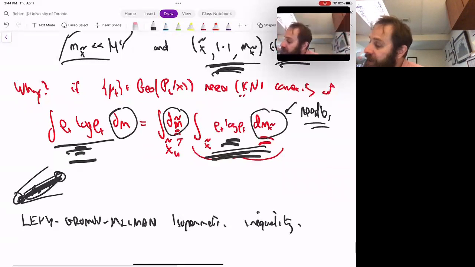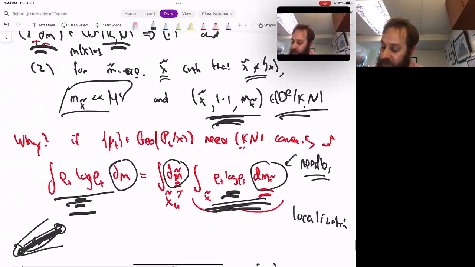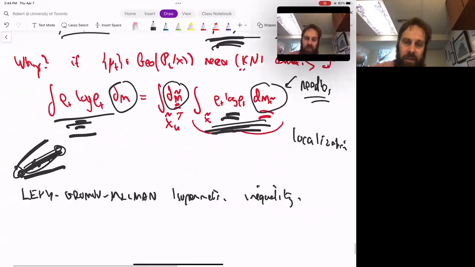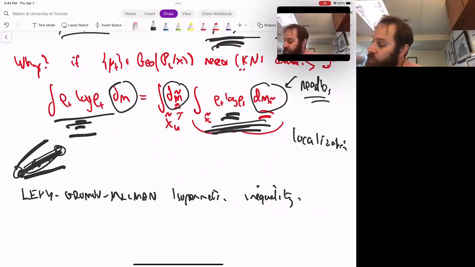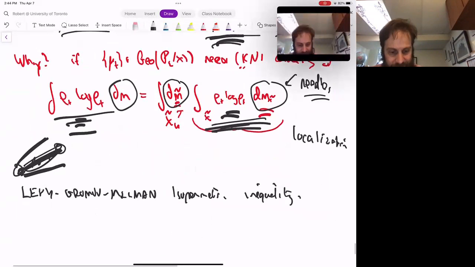And so they're called needles by Klartag, and this technique is also called localization by Cavalletti, but it's a 1D localization. So the idea is not that you localize around a point, but you localize around individual geodesics. And by choosing the one-Lipschitz function cleverly, you can localize around any geodesic that's of interest to you.